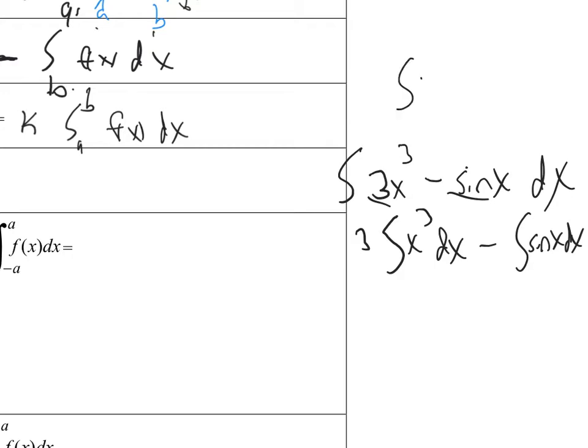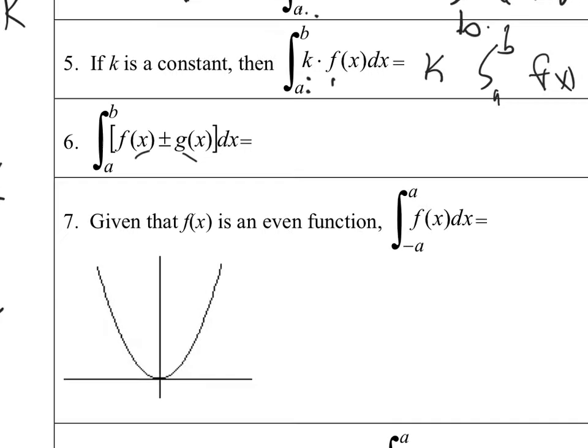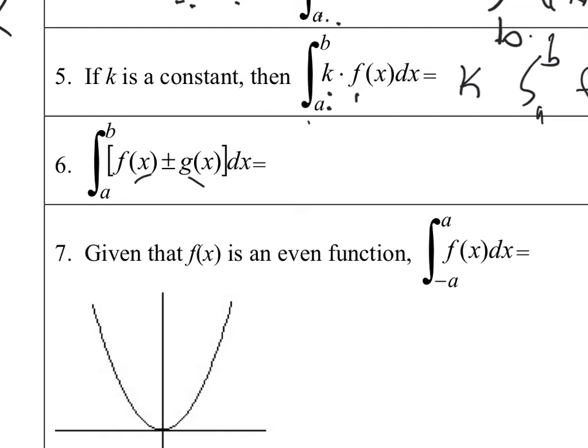You're integrating 3x squared plus 2x minus 5 dx. You're doing it one term at a time anyway. Each of these gets its own special integral sandwich. So it's integrating from a to b of f of x dx, plus or minus, doesn't matter what the symbol was, integrate a to b of g of x dx.